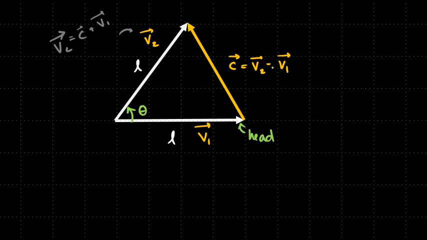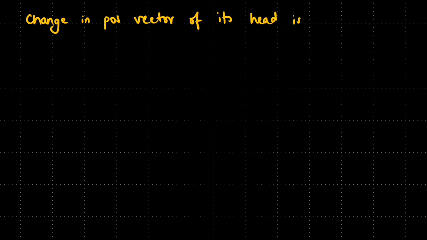So we need to find vector 2 minus vector 1, and to find it we must use vector subtraction, and I think you know the formula, so we are just going to use it. Here, the change in position vector of its head is, let's say, vector C, so we just need to find the magnitude.